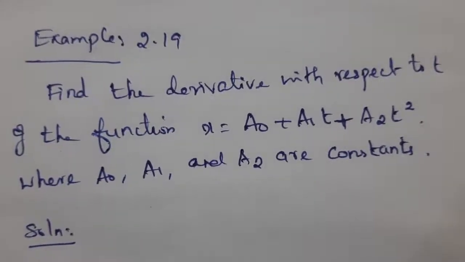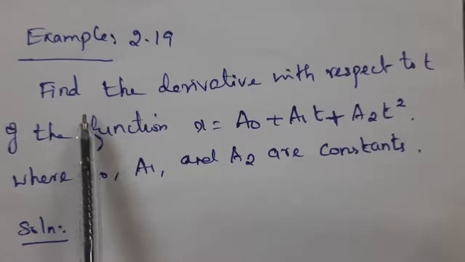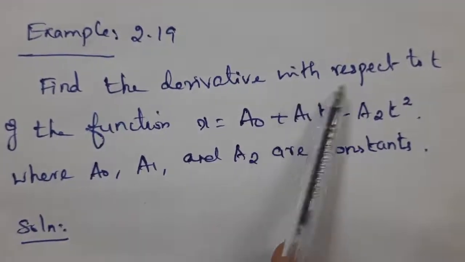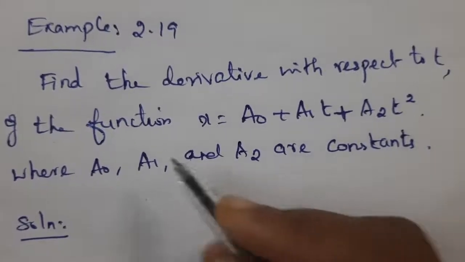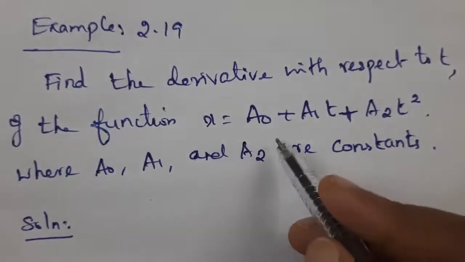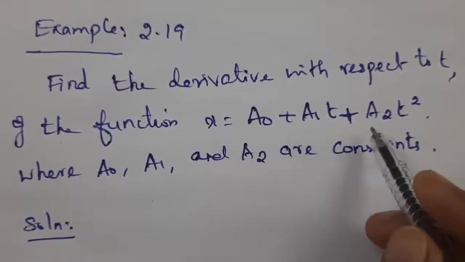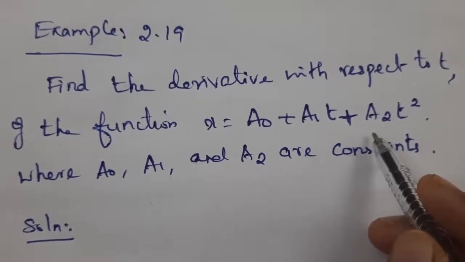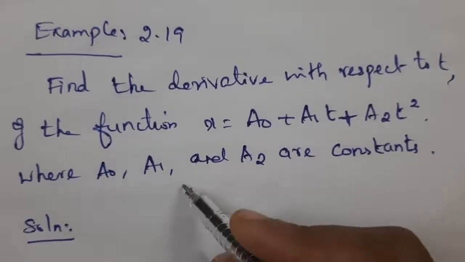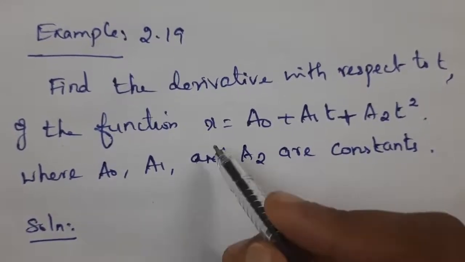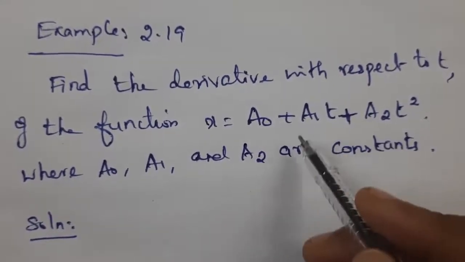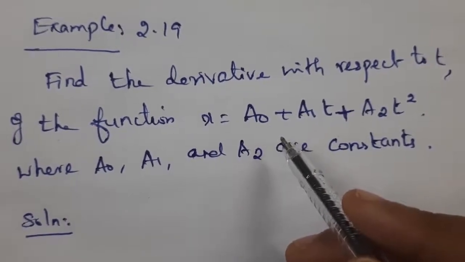Let's see the example 2.19. Find the derivative with respect to t of the function x equal to a0 plus a1t plus a2t square, where a0, a1 and a2 are constants. Okay, one function is given, the derivative of this function we have to calculate.